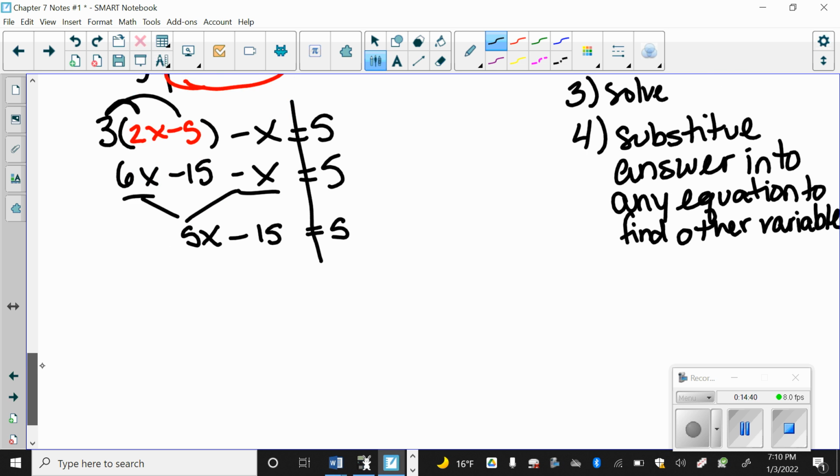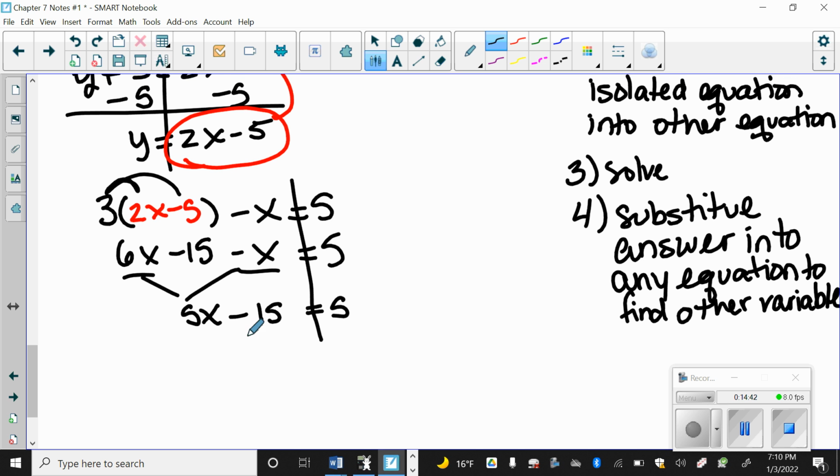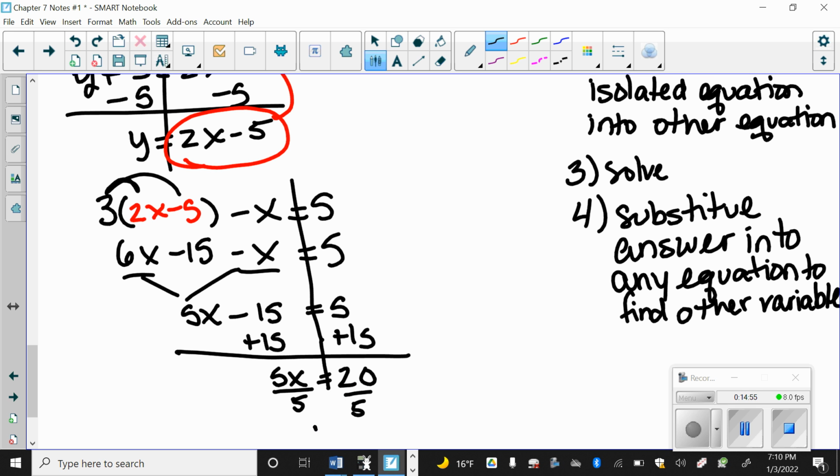And I can now solve for x. I get rid of the negative 15 by adding 15 to both sides. So that's 5x equals 20, divide by 5, and we get x equals 4.